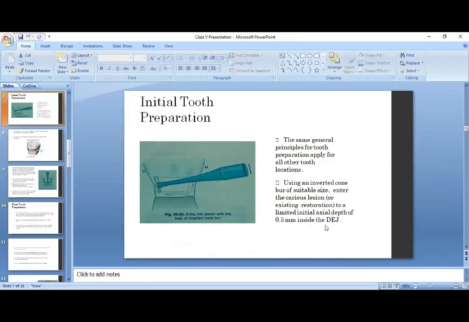The dentino enamel junction is the junction where the enamel and the dentine meet. This is the location of the class 5. This is the gingiva, and this is the location of the class 5 cavity or carious region.